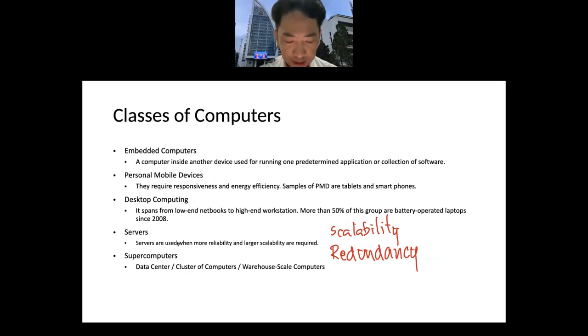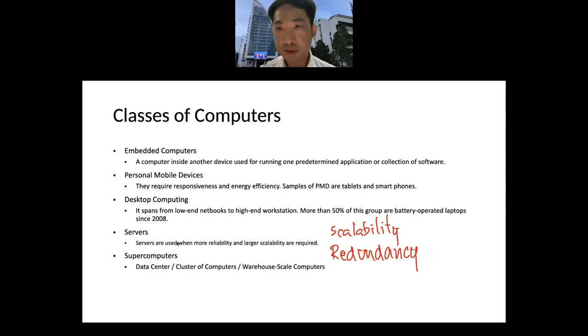And you can see the example of supercomputers here. Here is a cluster of computers. A cluster of computers means that you put a lot of computer hardware and connect them to each other by using a computer network.